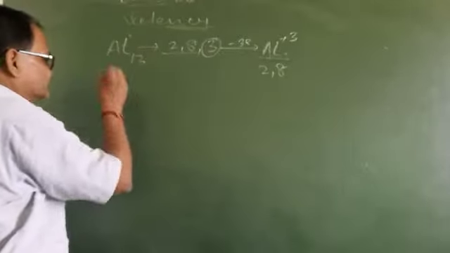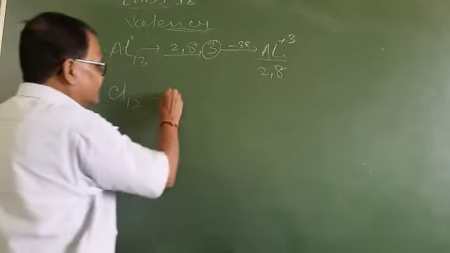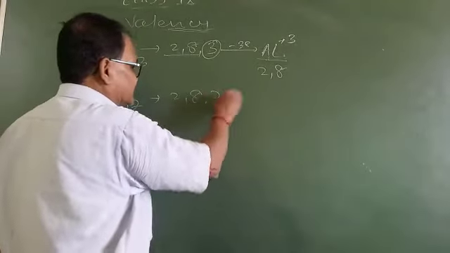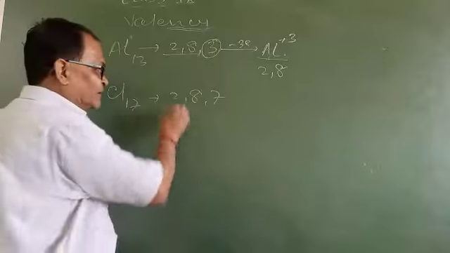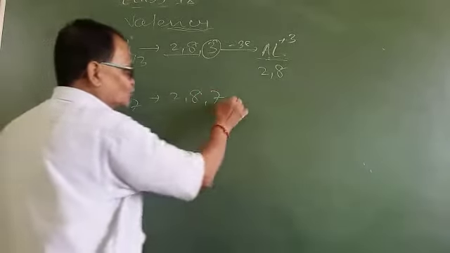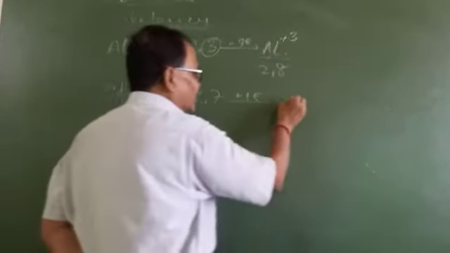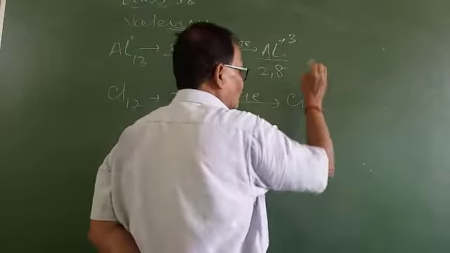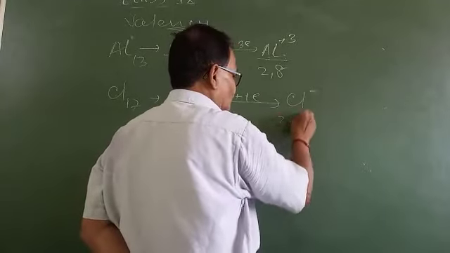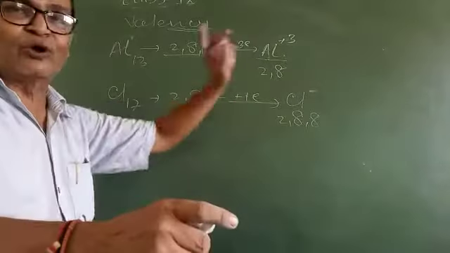Here chlorine is 17 and its electronic structure is this. It is not able to lose its 7 electrons, so it gains 1 electron and is converted into a chloride ion with the 8 structure. Now it is stable.